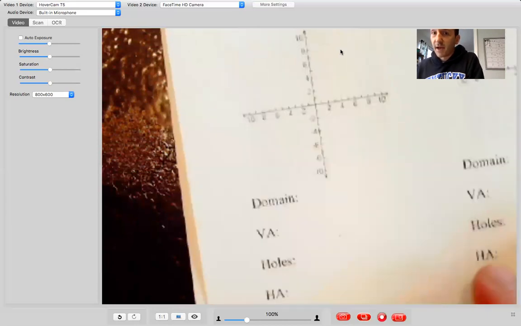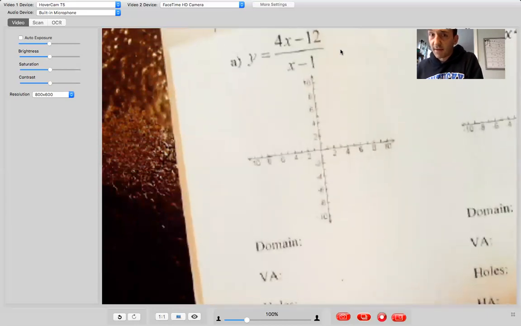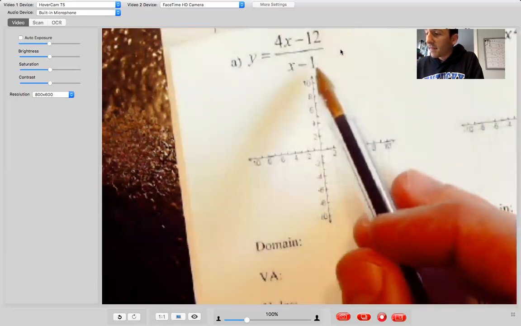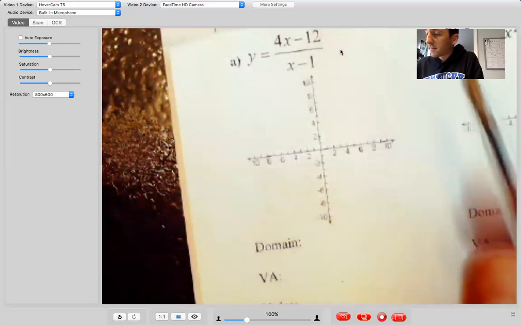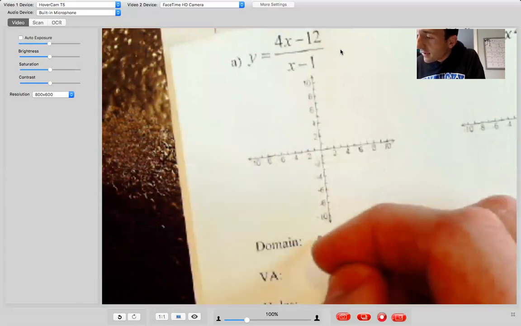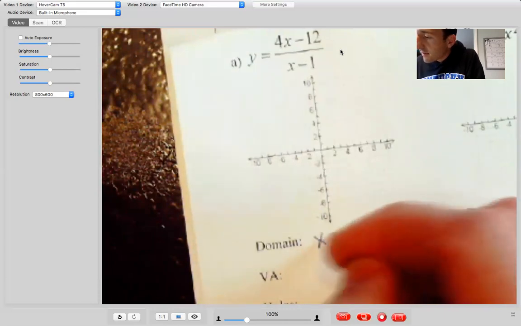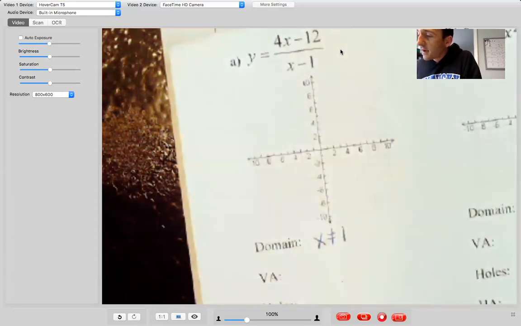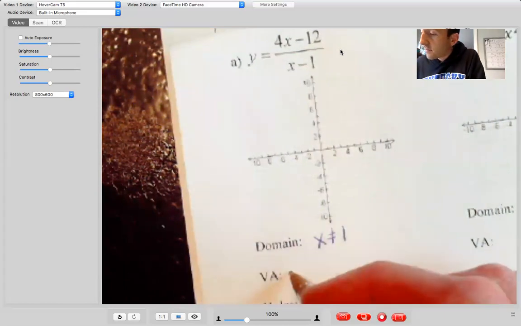And remember, domain is where your denominator can't be 0, right? So if we think about that, x minus 1 equals 0. We get x equals 1. So we would say x cannot be 1. All right, and so that is also our vertical asymptote, x equals 1.